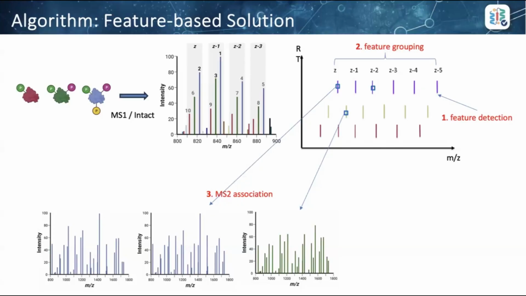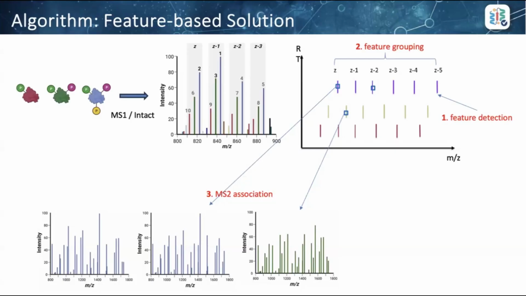This process begins with feature detection, where signals are extracted from the LC-MS data, and the features with the same mass across different charge states are then grouped into what we call feature groups.